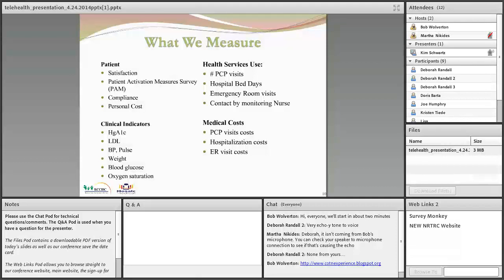And then compliance, meaning are they doing what we've asked them to do? We ask them to maybe monitor, not every day, but 3 times a week and do it before noon. Are they doing that? So we measure compliance. And then the personal cost. We did an anecdotal cost analysis where patients told us what they thought they were out of pocket with medications and co-pays for emergency room visits and things like that.